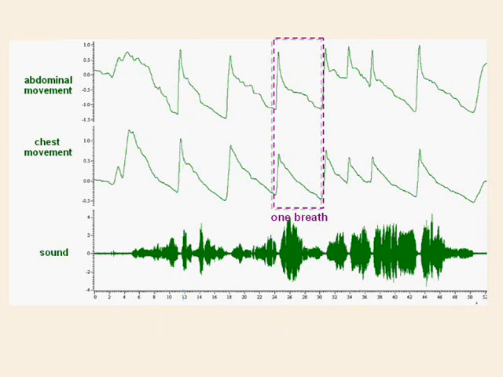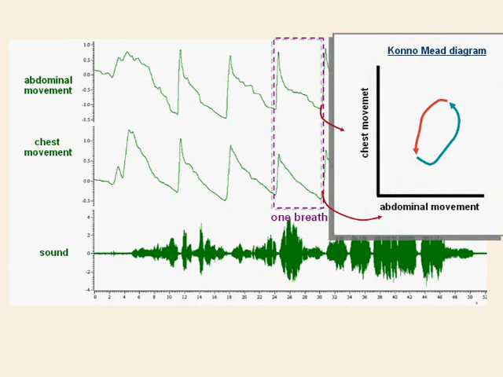The information that we need in order to understand the relative contributions of the chest and abdominal walls in breathing is the relationship between the slopes of the two traces. This is difficult to assess by eye, but we can plot one against the other in a Konno-Mead diagram, which is intuitively much easier to understand.